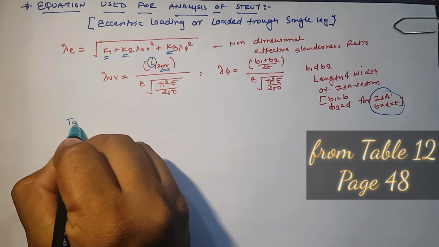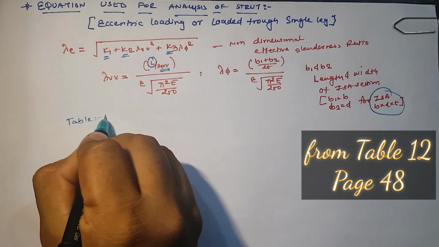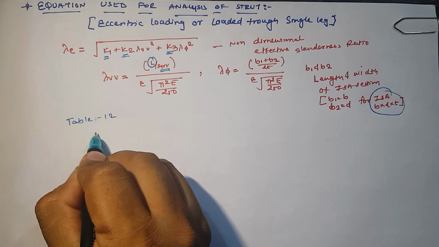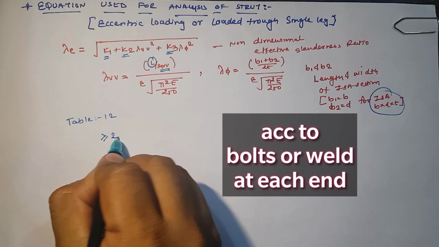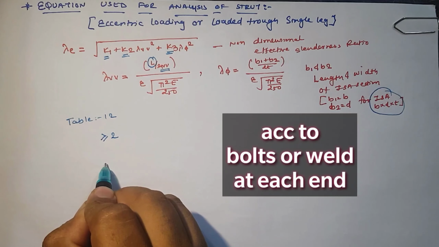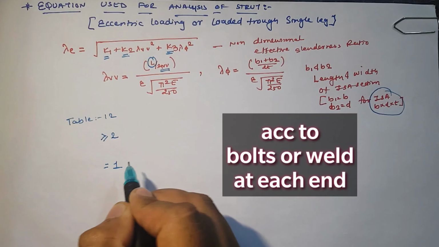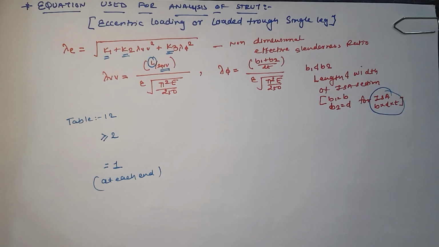Now see, from table number 12 we will have two criteria. First of all, number of bolts greater than or equal to 2, and number of bolts equal to 1 at each end. We have to calculate, or assume, the total number of bolts at each end.